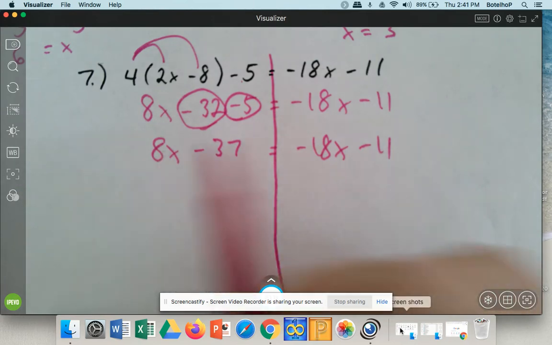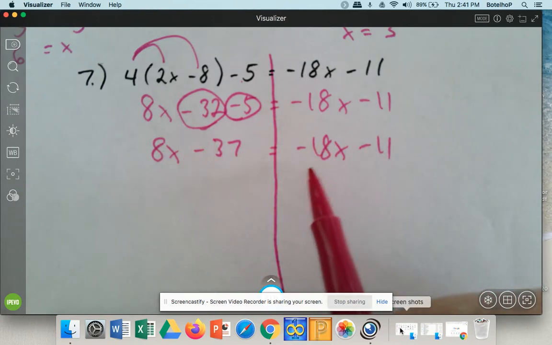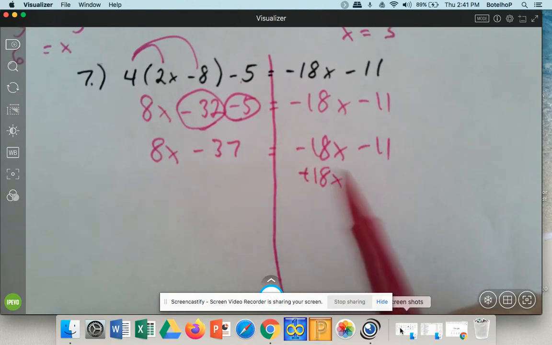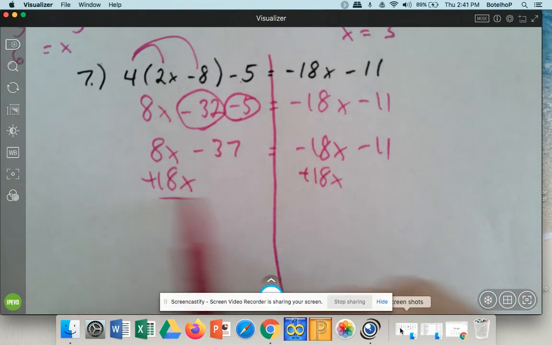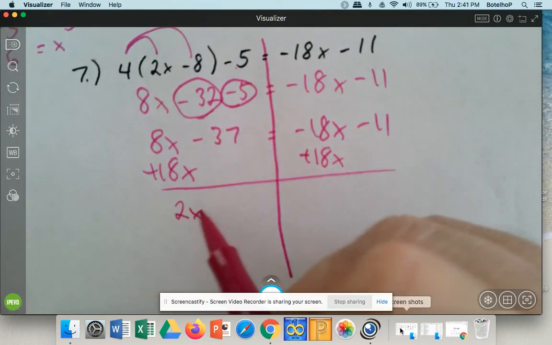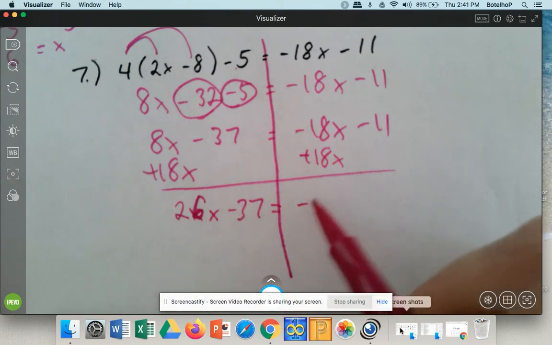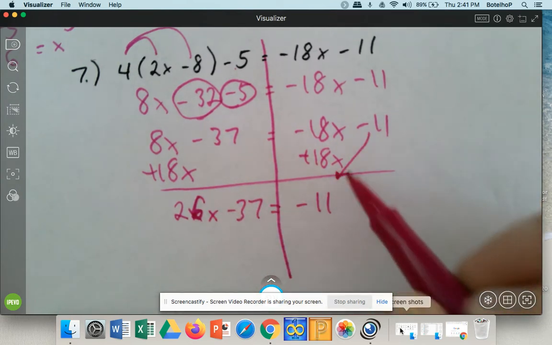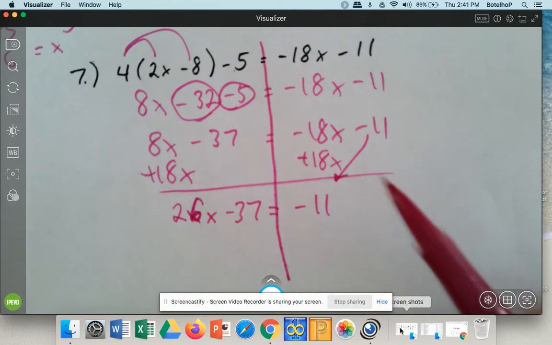So now I have variables on both sides. I've got to get rid of the smaller. Which one's smaller? This one. Add 18x here, add 18x here. This is coming out pretty weird, but it does work out in the end. You get 26x minus 37 equals negative 11. If you remember from the video, that's from Maria, that's a leash.